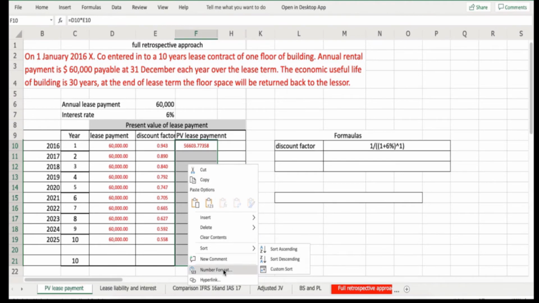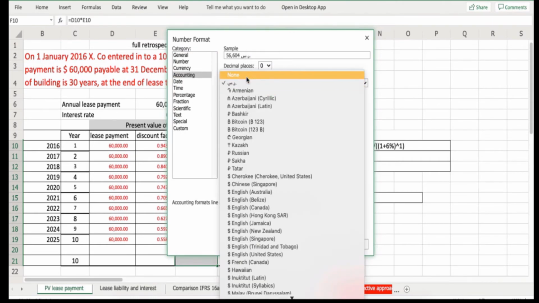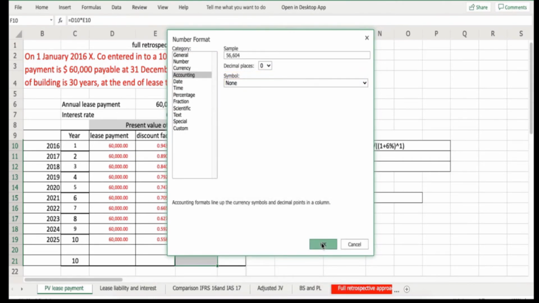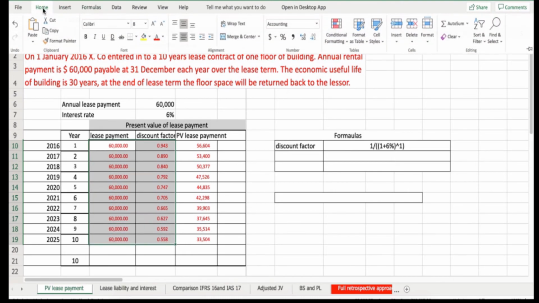Let's round off the amount to 0 decimals, no currency, and we have this amount.